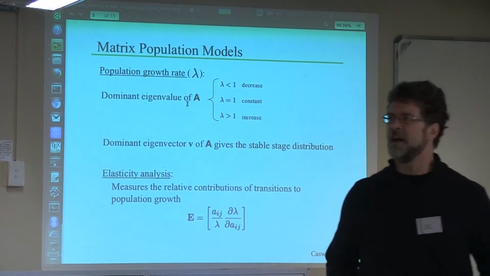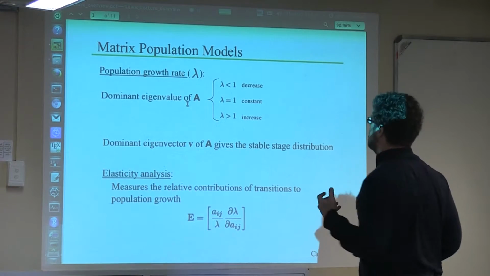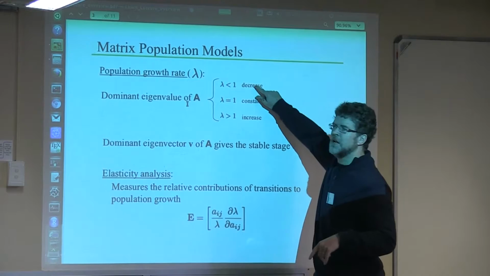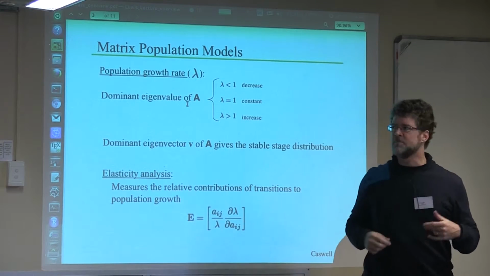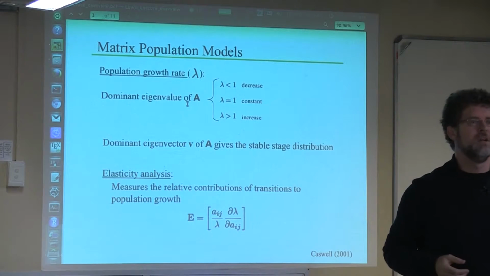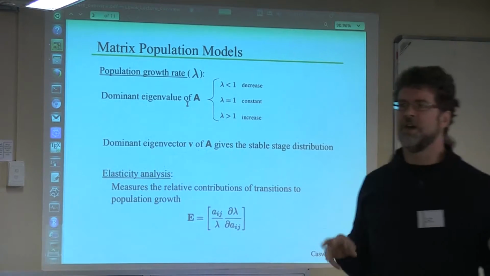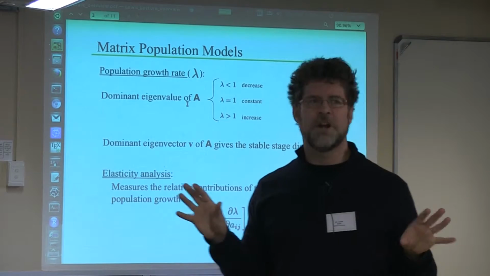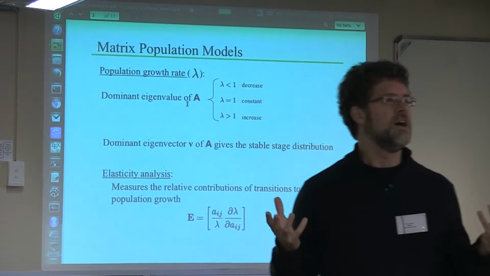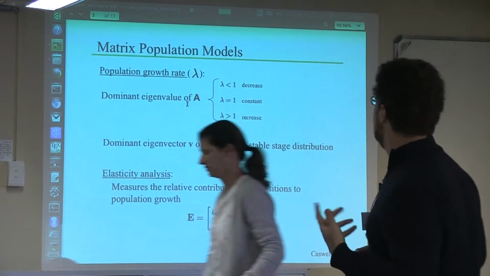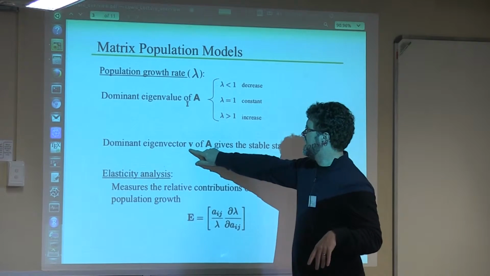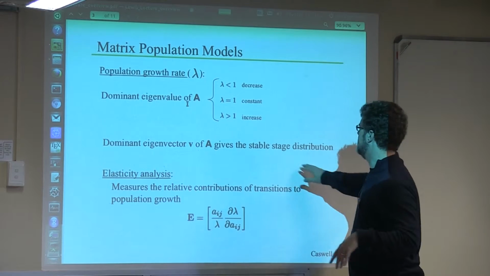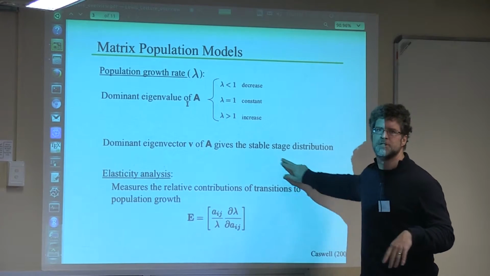And then the idea is that if you have a matrix A, you can calculate the eigenvalue and use this to estimate the population growth rate. Okay, so there's a package in R that allows you to do this very easily, okay? And we're going to use that.